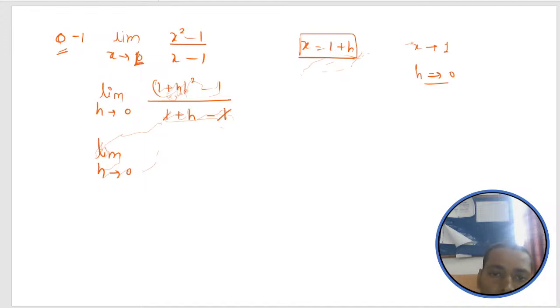here you can apply whole square formula, a square plus b square plus 2ab, minus 1 divided by h.